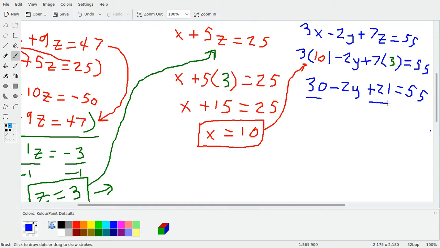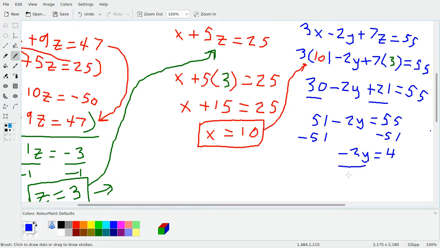Combine your 30 plus 21 to give you 51 minus 2y equals 55. Subtract 51, negative 2y equals 4. Divide by negative 2, and y equals negative 2.